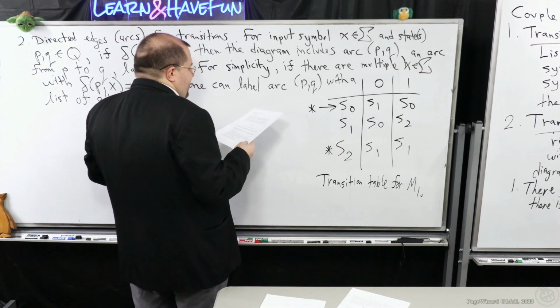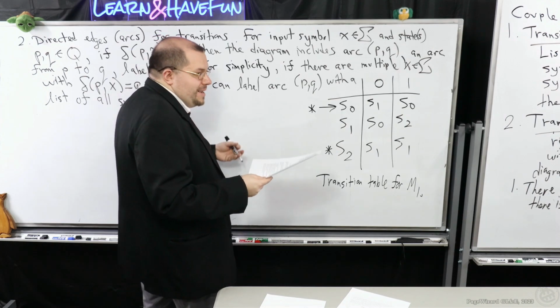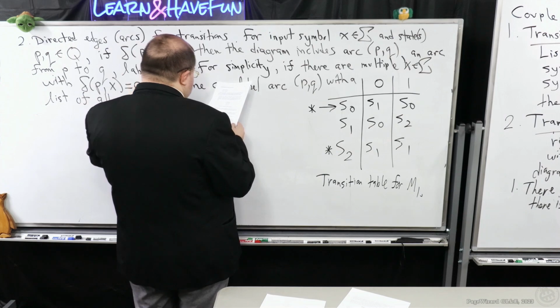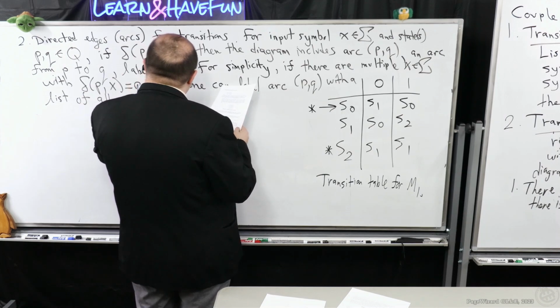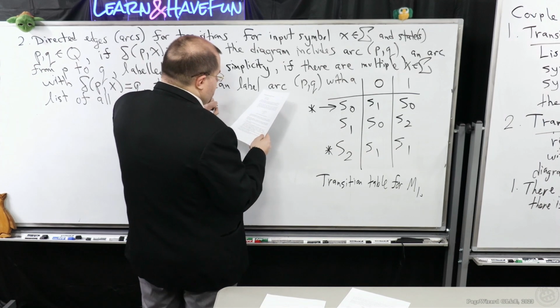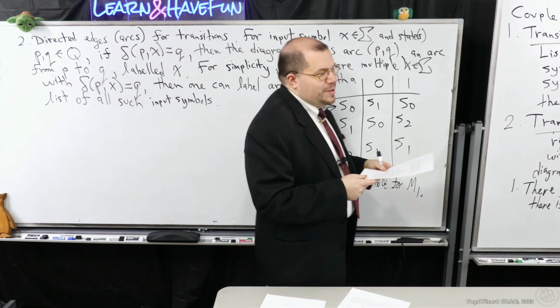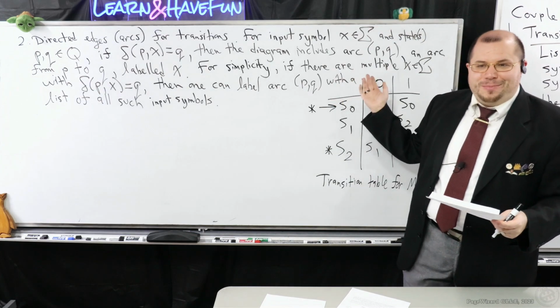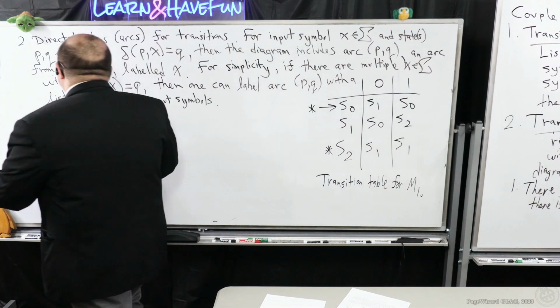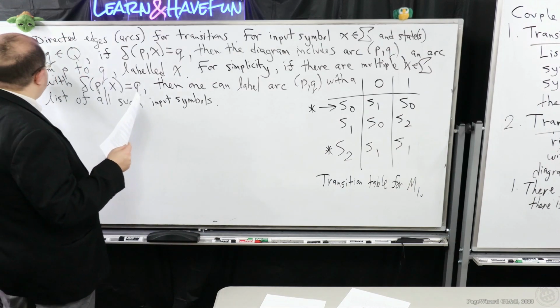So you can almost think of it like each label will be a list of all such input symbols. If you don't like that, you're all welcome to turn it into a multi-graph too, with multi-edges. But you'll find that it doesn't need to go that far.